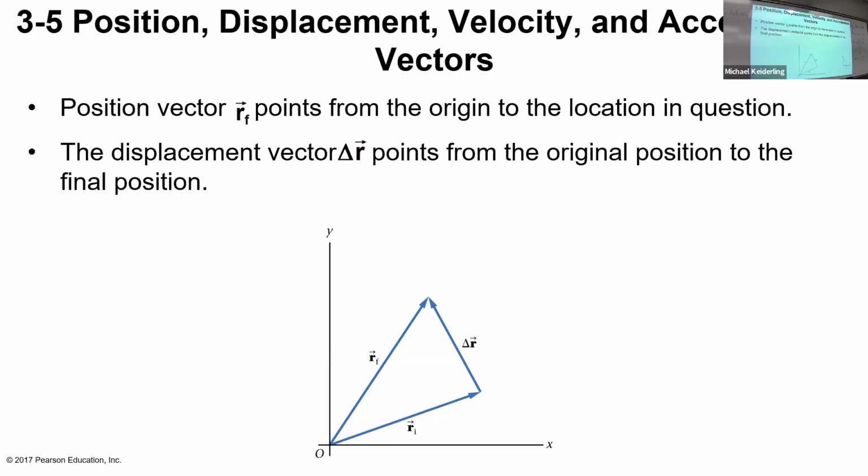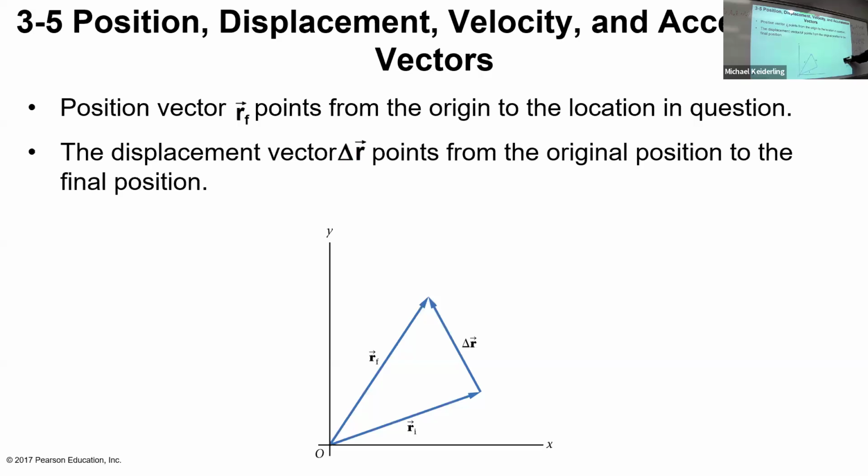So the position vector, r, is the final position, and it points from the origin to the location in question. So if you want to talk about a position as a vector, it goes from 0 to wherever the position is. The displacement vector is the final position minus the initial position, rf minus ri.